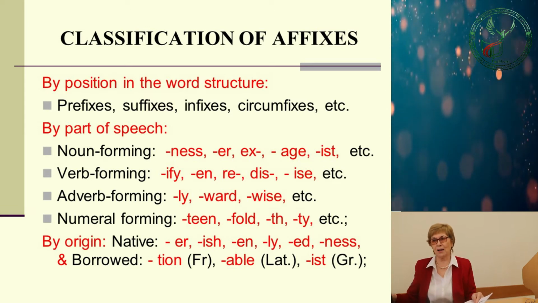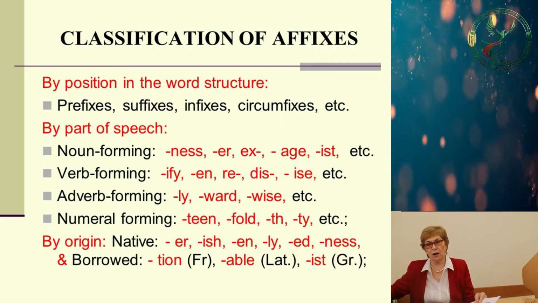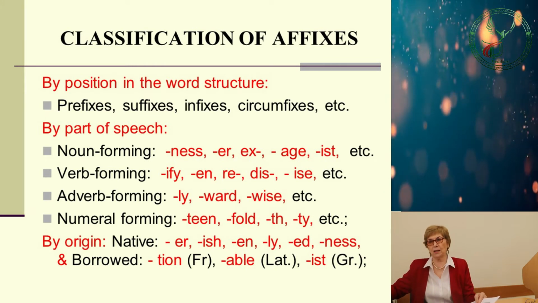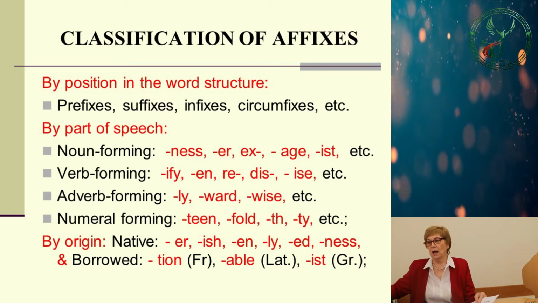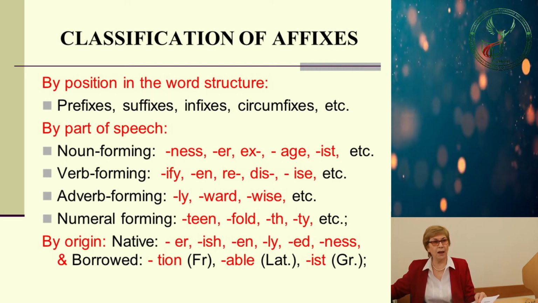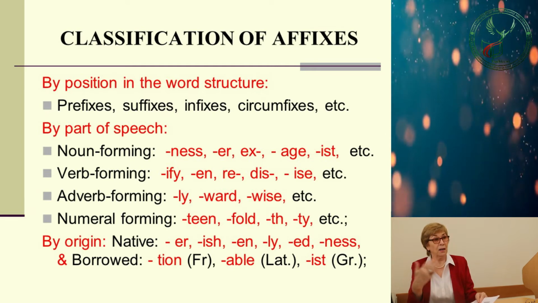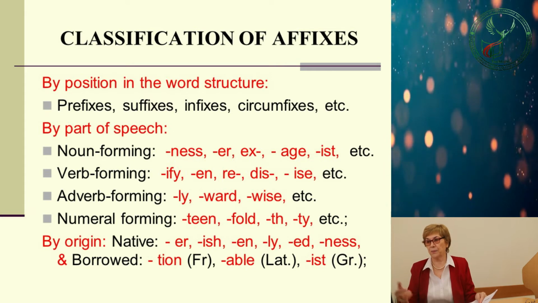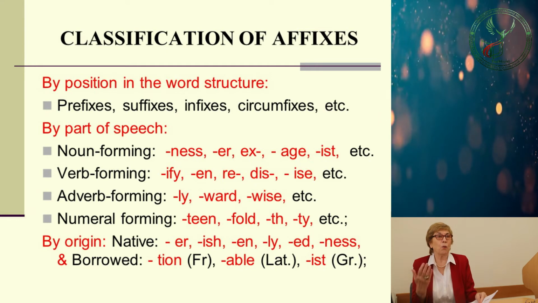But still, we have some native Anglo-Saxon affixes, which are: er, noun making, player; ish, adjective making, bluish, greenish; en, verb making, whiten, blacken. Then this ly: in Old English it meant body.